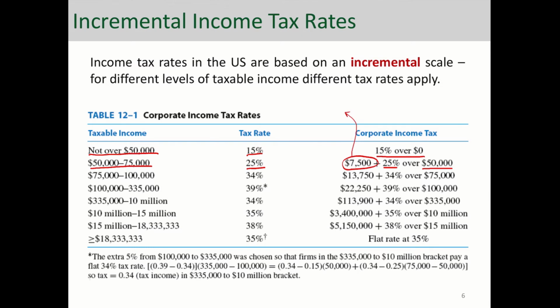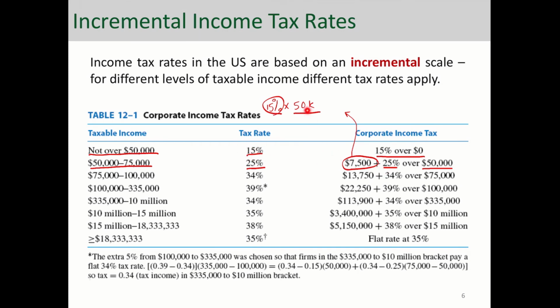So that means this $7,500 is coming from 15% times $50,000, which was your first $50,000 income, and you should be paying 15% tax on that based on the first bracket.